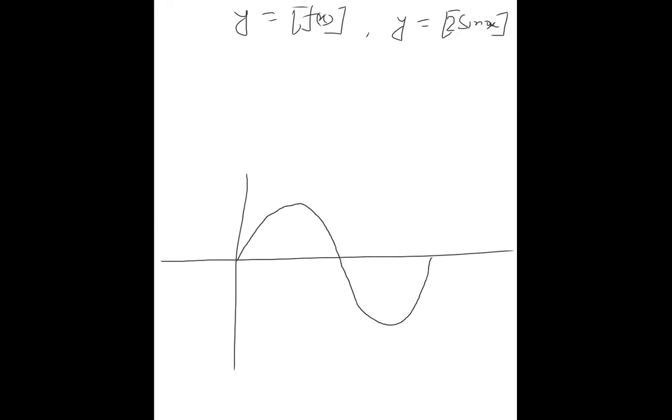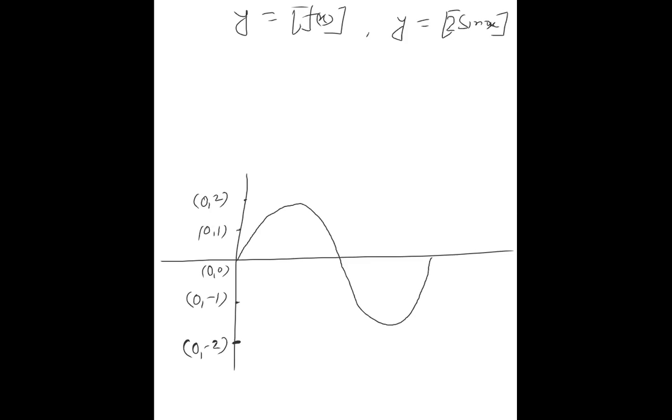This is 2 sin x. So this will be 0, 2. This is 0, 0. And this is 0, minus 2, right? This is 0, 1. This is 0, minus 1, right?